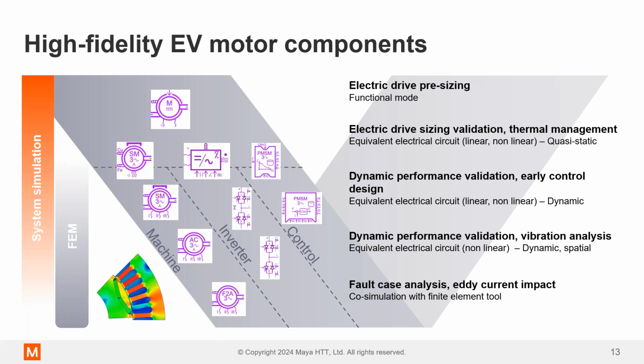We can do very basic pre-sizing, general sizing sort of simulation, very basic models of very generic performance characteristics, all the way through to having very detailed models within our system simulation that replicate the behavior of a very specific motor design.